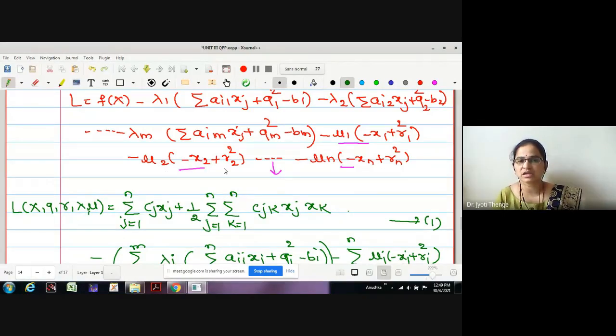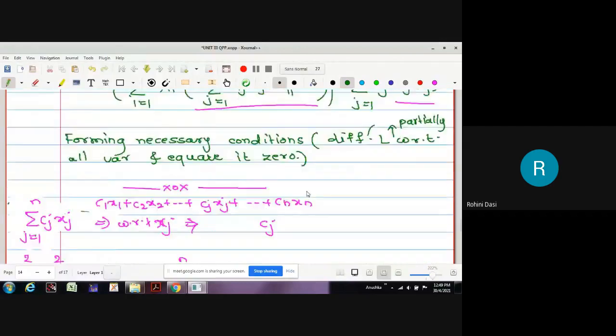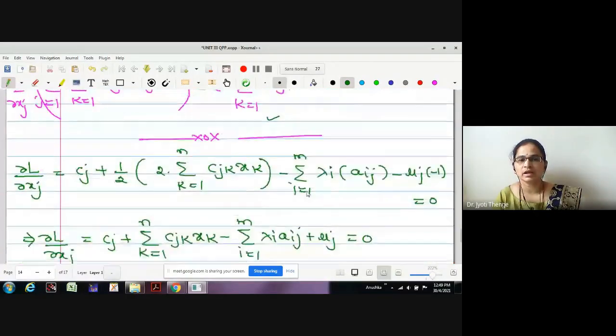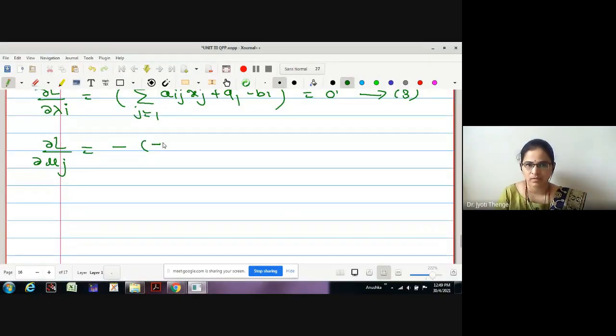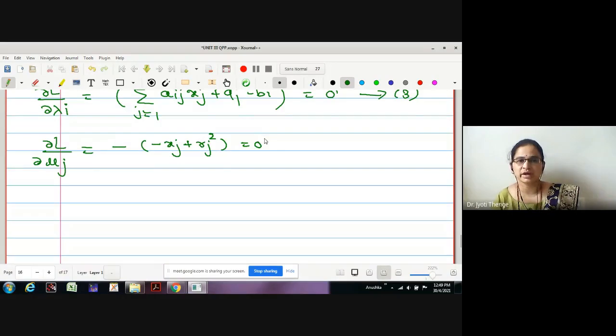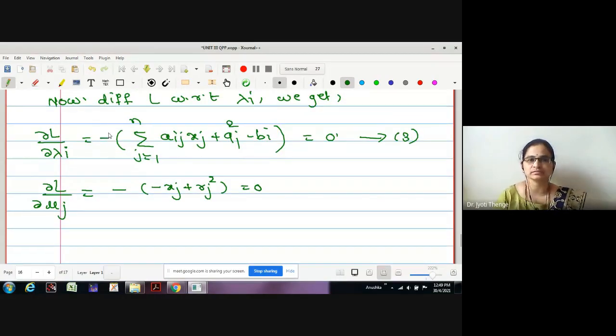But in general, if I differentiate with respect to mu j, what will be the value? Is it minus xj plus rj square? No doubt, with a negative symbol. This gives me minus xj plus rj square equals 0. Here also it is negative.